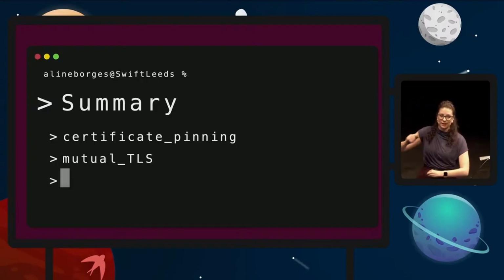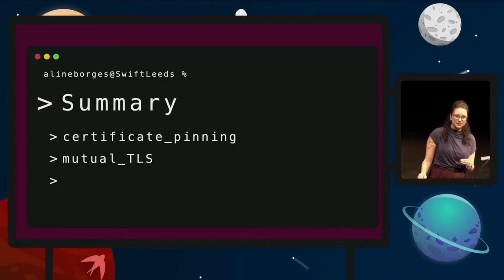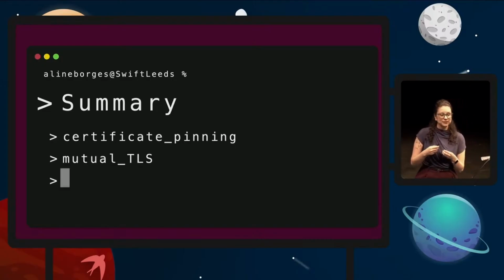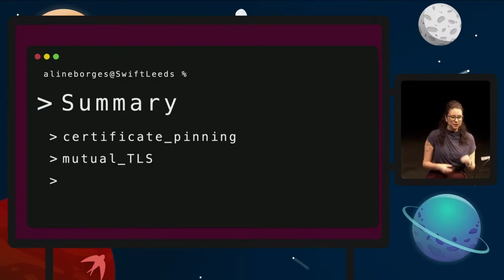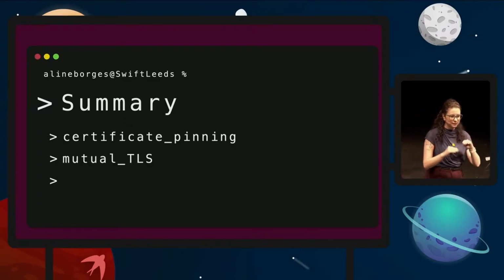mTLS is the next step on top of this. 99.8% of apps are never going to use mTLS because they don't need it. It's usually used in the backend between servers, because it's used when there's no real client or server.